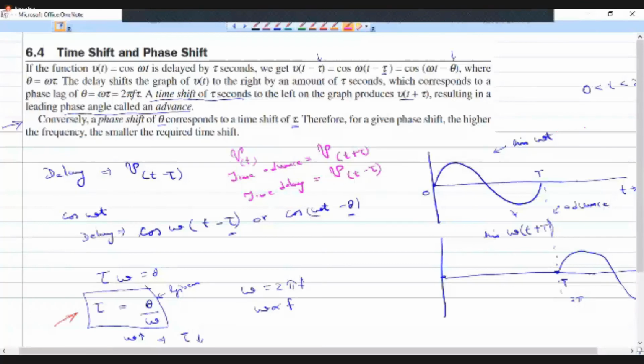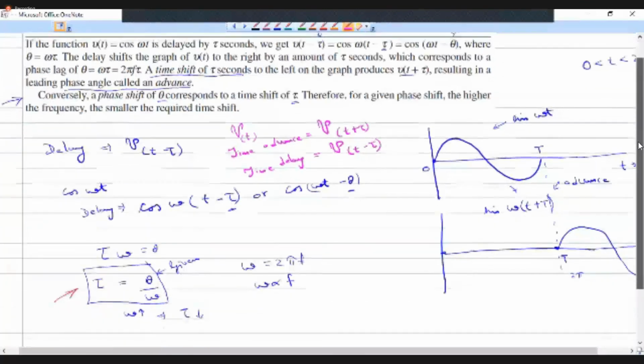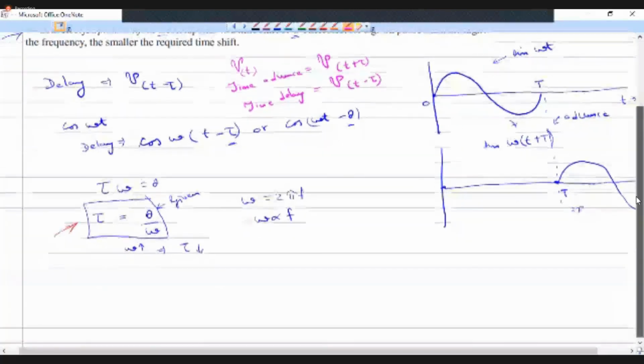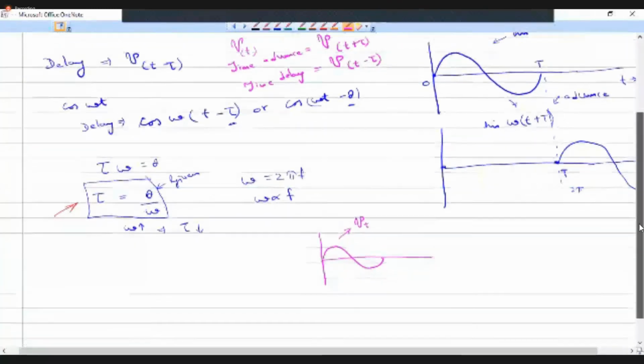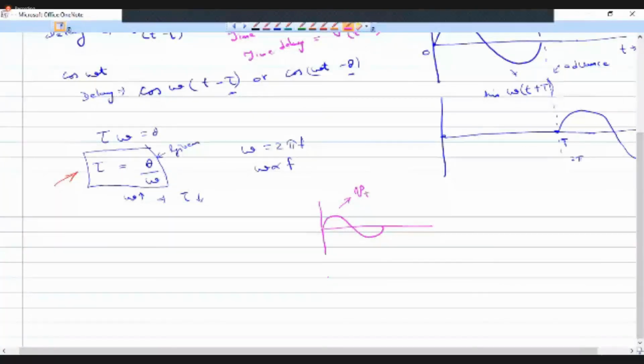So when I do this, what is going to happen? Let me say that this is my V of t, which you already know is a sinusoidal voltage. So this is V of t. Now I can represent V of, so this is the time axis.